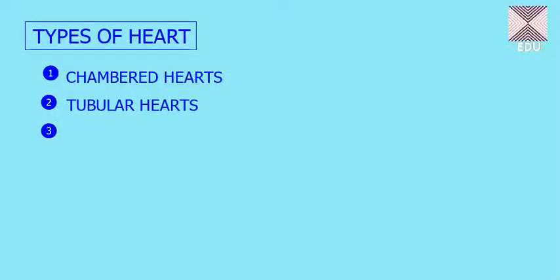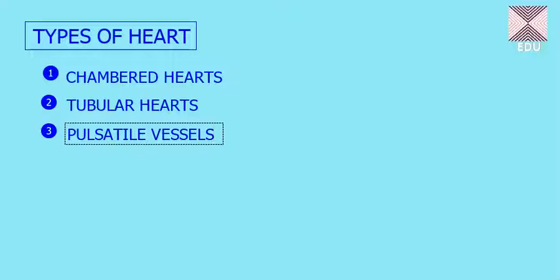The third type of heart on the basis of morphology is the pulsatile, you can say pulsatile vessels. These are the pulsating vessels which are present in some animals, and those can be considered as the type of heart in those animals.